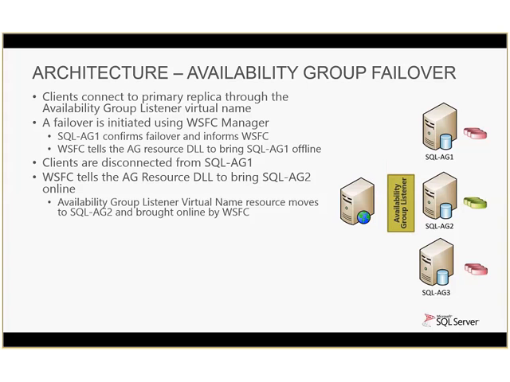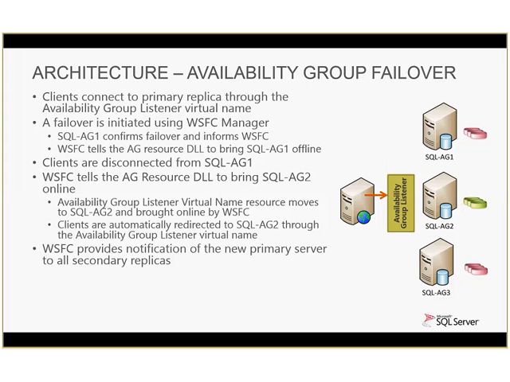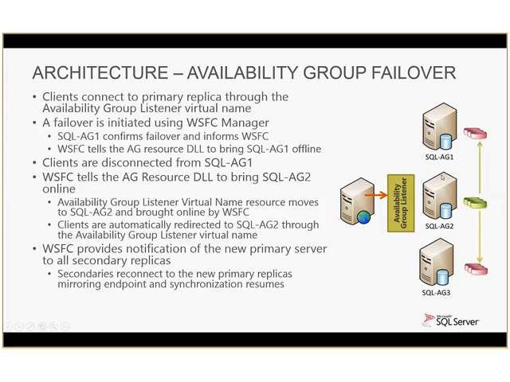When the client applications reconnect, they reconnect through the availability group listener to SQL AG2. And it sends notifications to all the other servers to inform them that there's a new primary server that they should replicate from. AG1 will take over as a replica. This is for the synchronous with automatic failover.